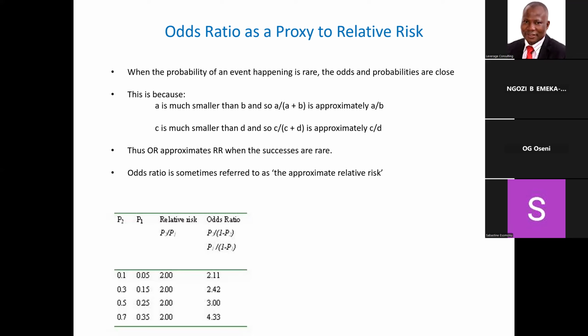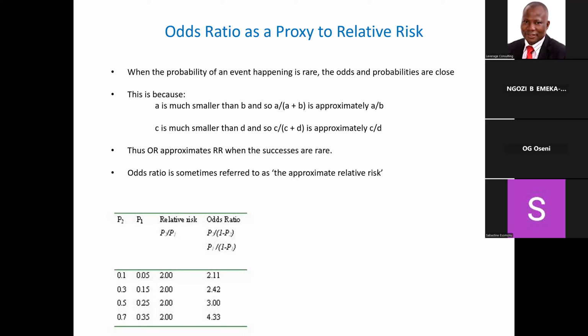Look at this table. It gives some intuitive information concerning what we are saying. Let's say we have population 2 and 1. We are comparing, maybe population 2 is the exposed, population 1 is the non-exposed.